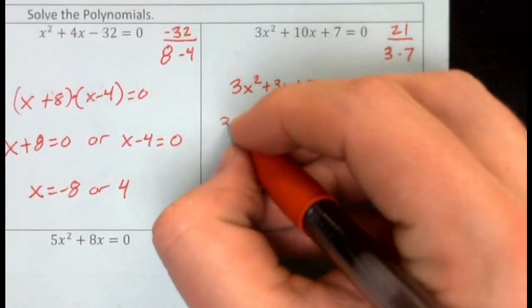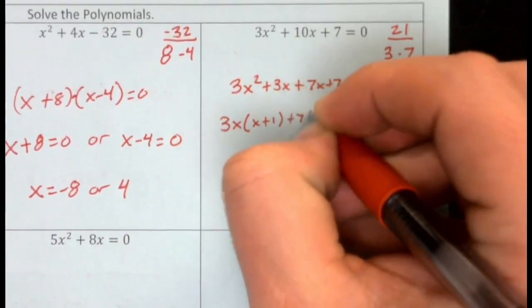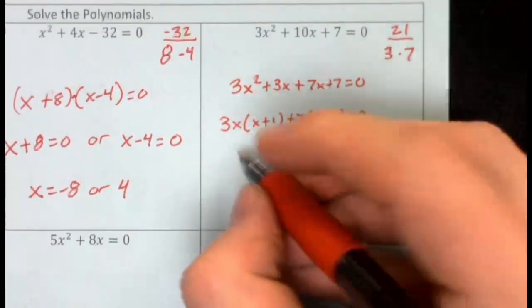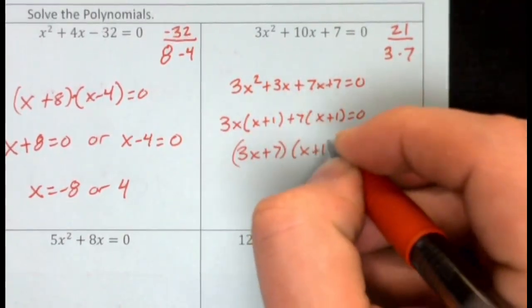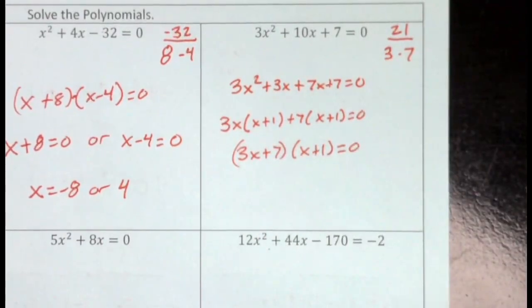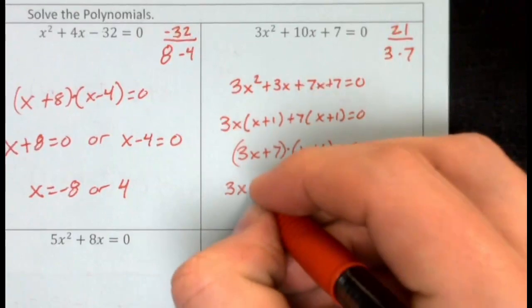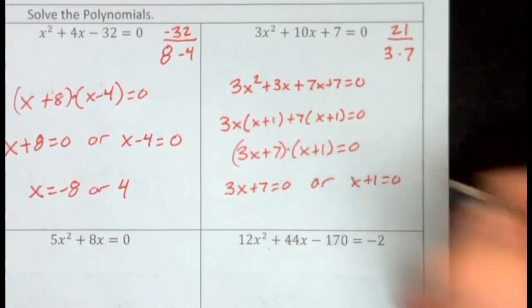Factor by grouping, I'm going to take out a 3x. So I get 3x plus 7, x plus 1, zero product property, 3x plus 7 is 0, or x plus 1 equals 0.